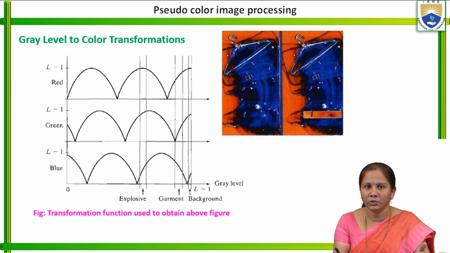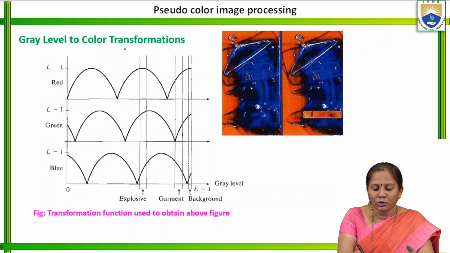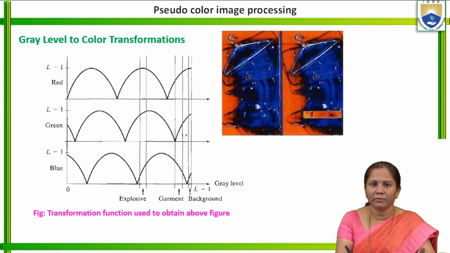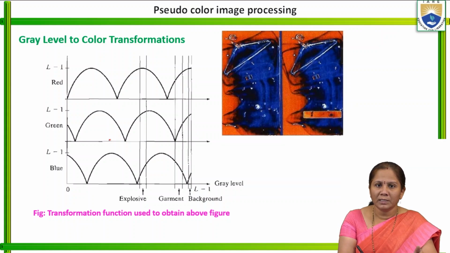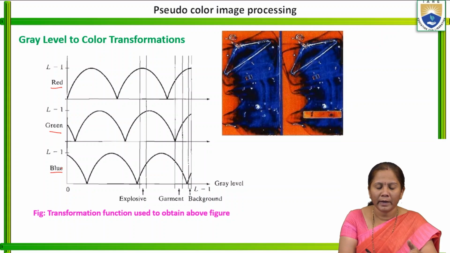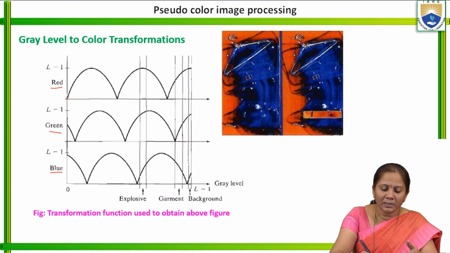If you see here, this is the graph that represents the waveforms. This graph looks like a full wave rectifier, which represents the three transformations, that is red, green and blue. If you observe, red starts from here, whereas green starts from here and blue from here.